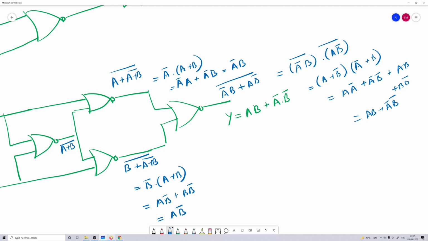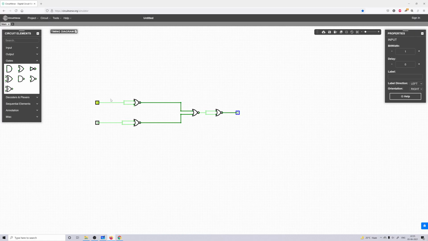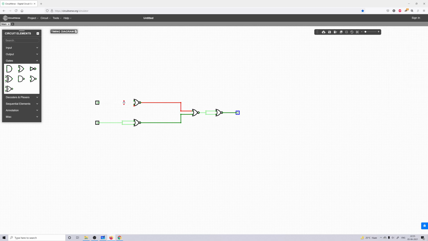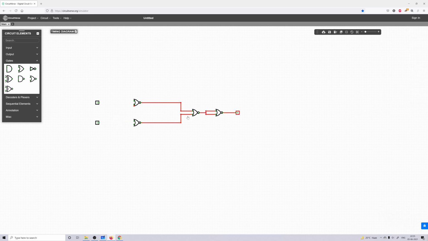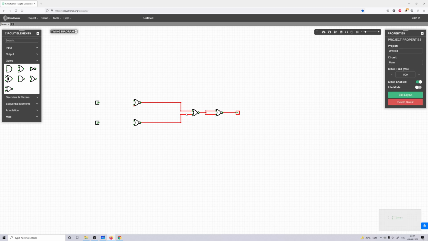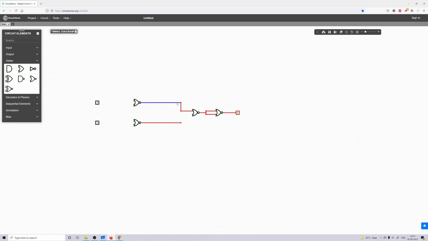Okay, let us verify this using simulator. We will be needing 4 gates. Let us not delete the gates, let us draw the circuits. Only the wires we can delete, not the gates.